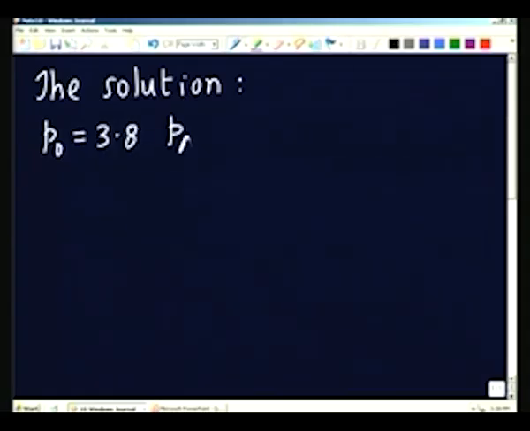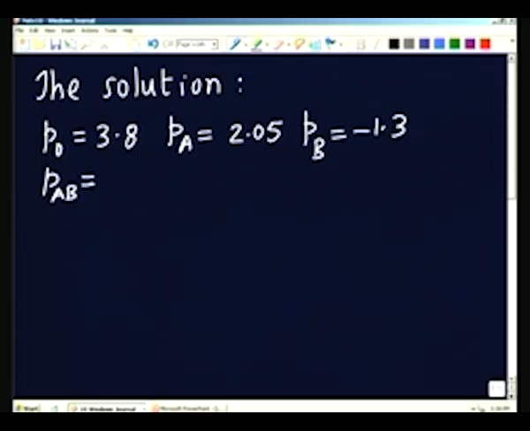P a works out to be 2.05. The student can verify these values by doing what I indicated. P b is minus 1.3, and P a b, the interaction parameter, is given by minus 1.05.